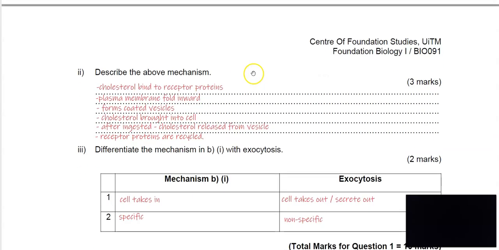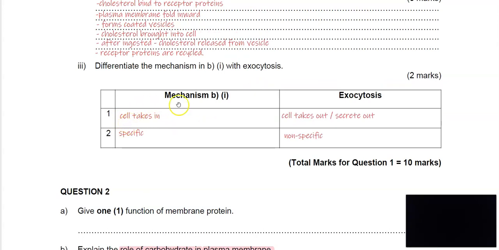So the first difference is that for receptor-mediated endocytosis, the cell takes in or imports biological molecules or nutrients, in this case cholesterol, for example. As for exocytosis, the cell takes out, secretes or exports biological molecules or cell products, or even wastes, from inside to the outside of the cell. That is the first difference.